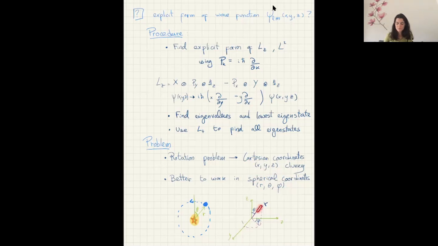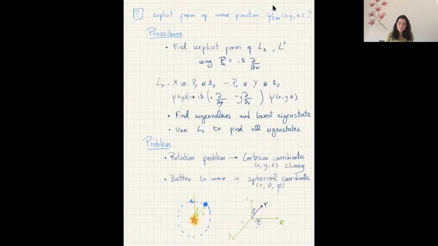So here are x, y, z, and the coordinates we actually want to work with are r, theta, and some angle phi.